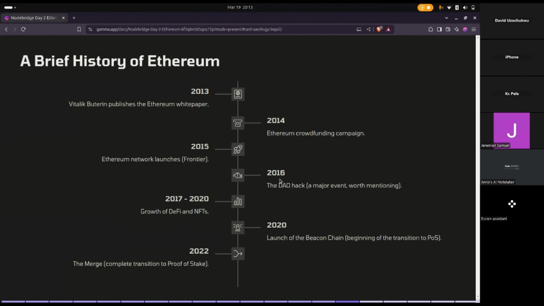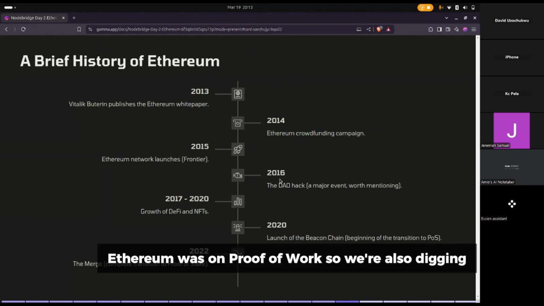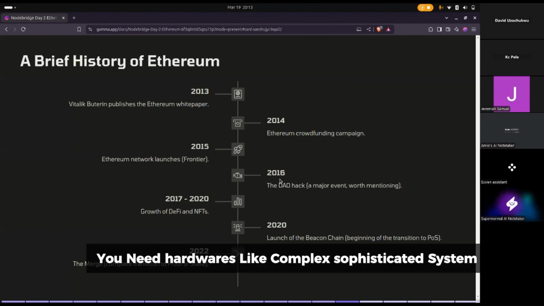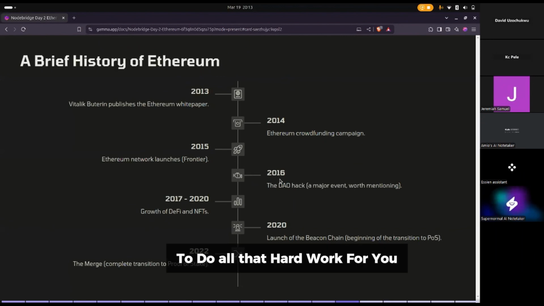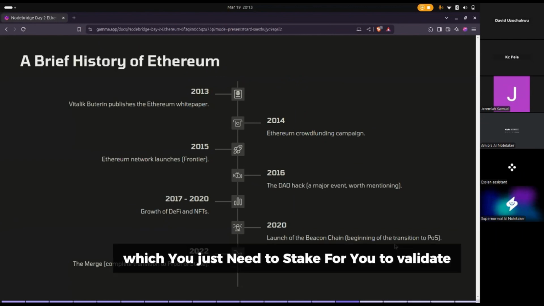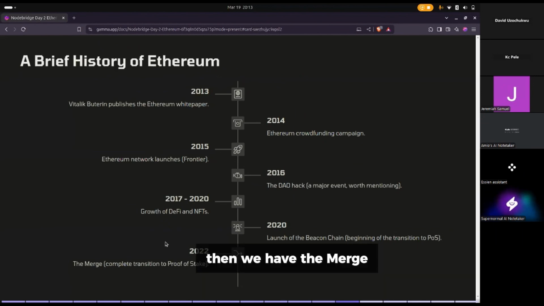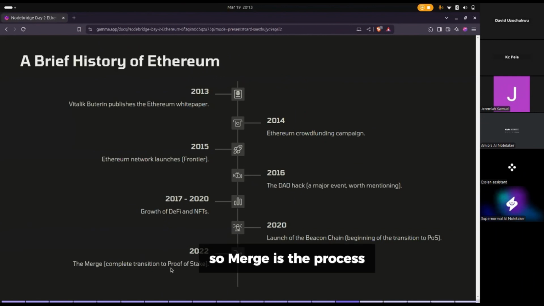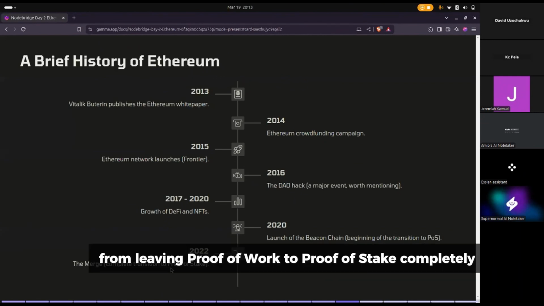Initially, Ethereum was on proof of work, so we were mining. You need hardware, complex, sophisticated systems to do all that hard work for you. But then it moved to proof of stake, where you just need to stake to validate a transaction. Then we have the merge, the complete transition to proof of stake. The merge is the process of leaving proof of work for proof of stake completely.